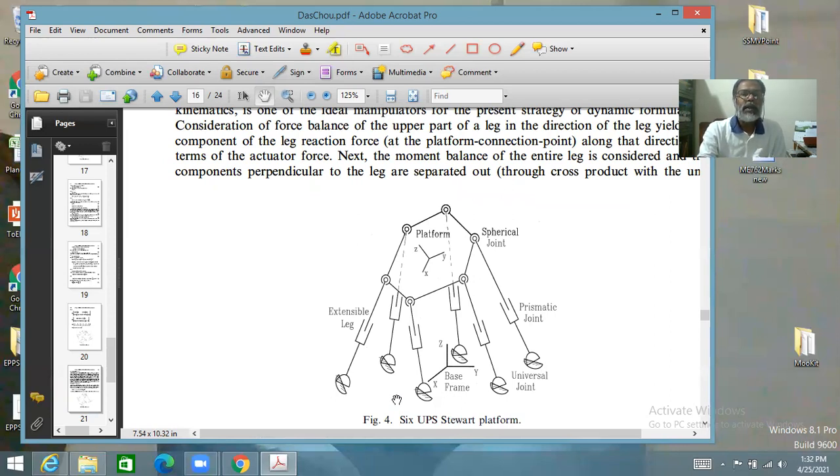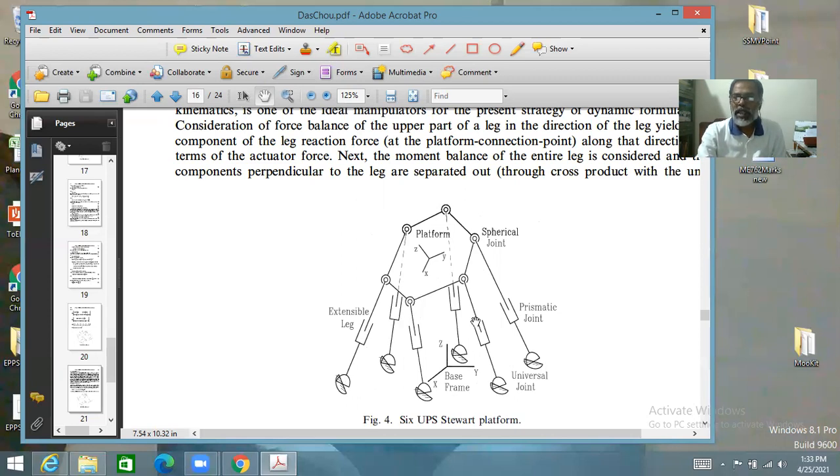Okay. So here the end effector is called the platform. And for having 6 degrees of freedom, there is no long serial chain, rather the chain is parallel. So this is supported by 6 legs.